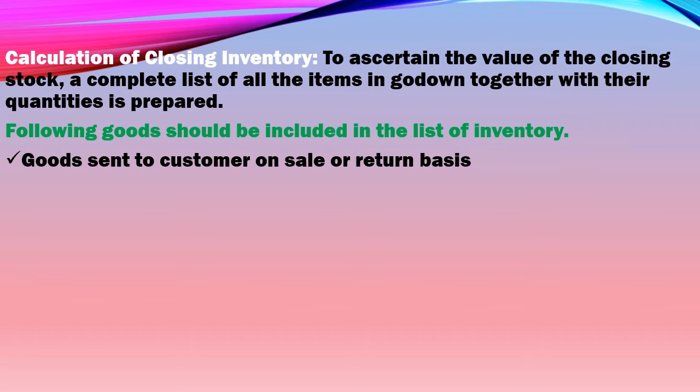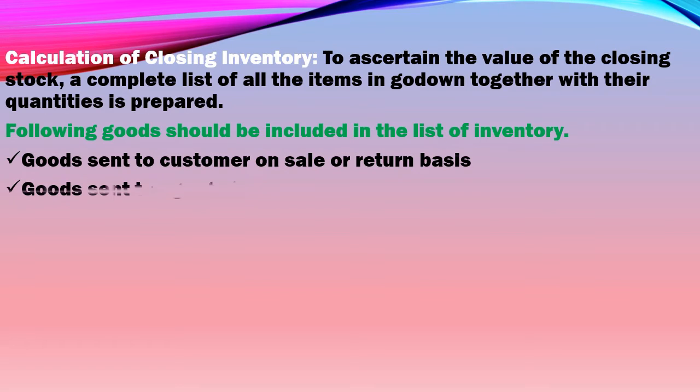So here, when the goods have been sent to the customer, or the customer has sent the goods back on the return basis, this will be included in the list of inventory, like sale return. They are returning it back into your inventory.